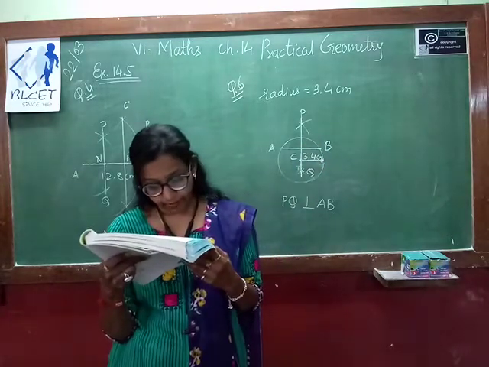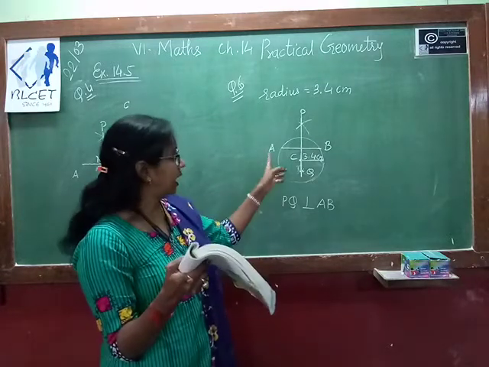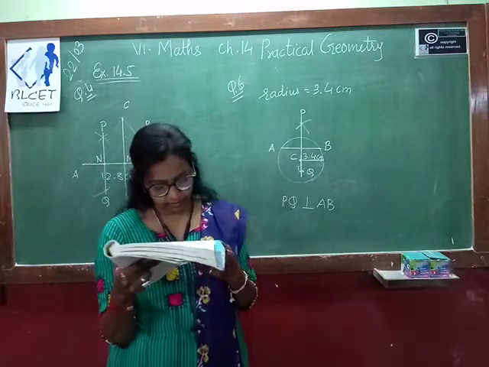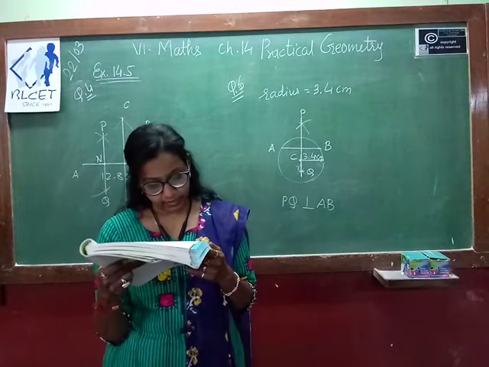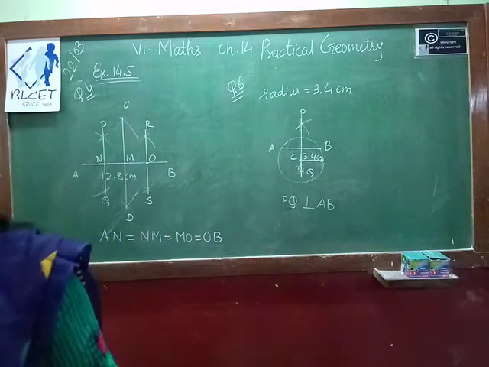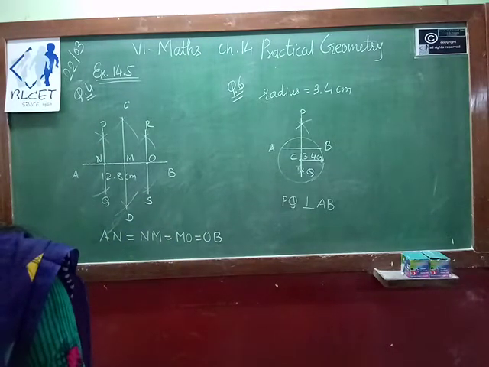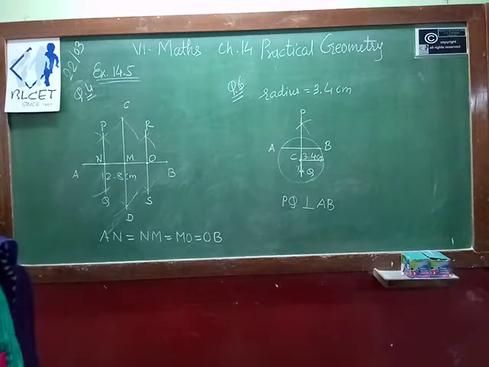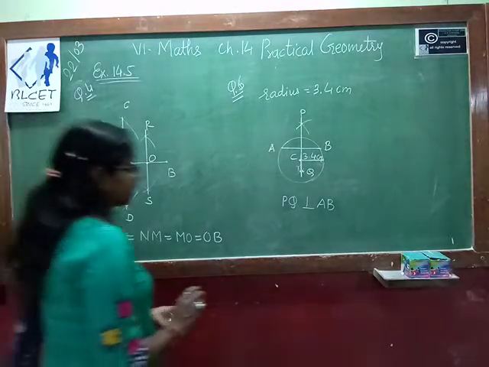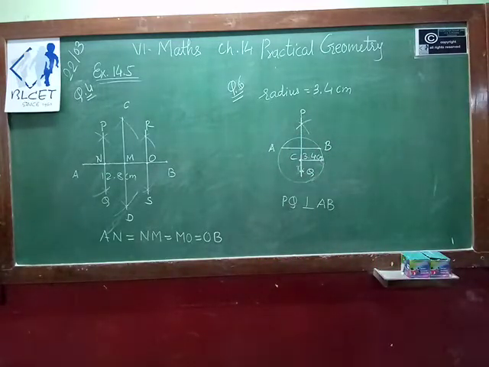So this construction again we have to follow. If AB happens to be a diameter, if AB is your diameter, then what is the construction? Let's see. Same construction we can repeat again.